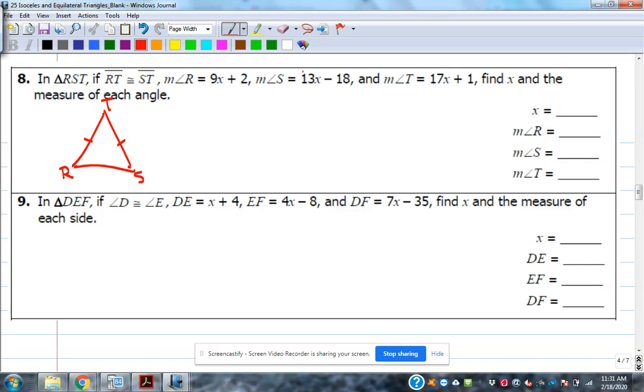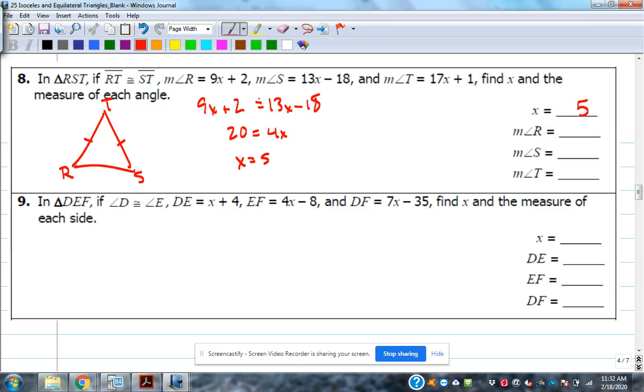I could find x without the measure of angle T. So I could set 9x plus 2 equal to 13x minus 18, because it's an isosceles triangle. By its definition, those two sides are congruent, so those two angles have to be congruent. So that's going to be 4x equals 20. x is equal to 5. And then from there, I just plug it in.